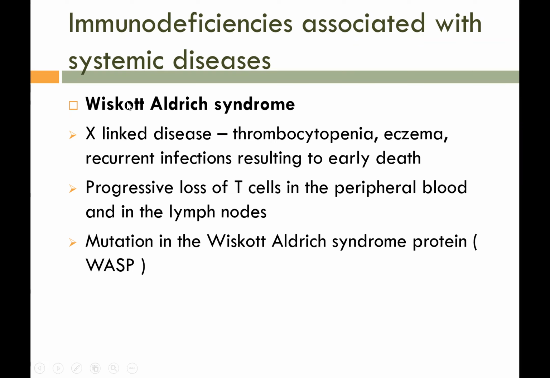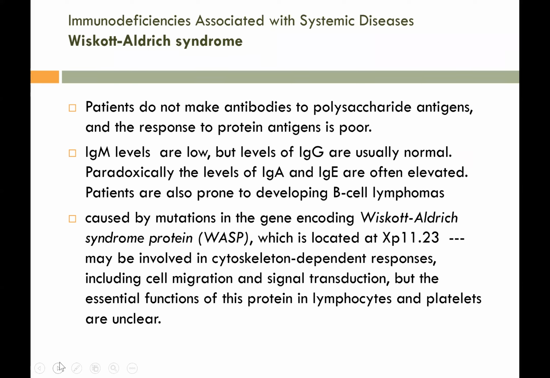So again, W here should remind you of where the mutation is. You should be reminded that the problem here is, of course, your T cells. And for the B cells, the patients do not make antibodies to polysaccharide antigens, and the response to protein antigen is poor.